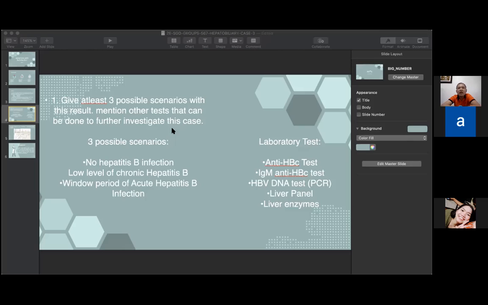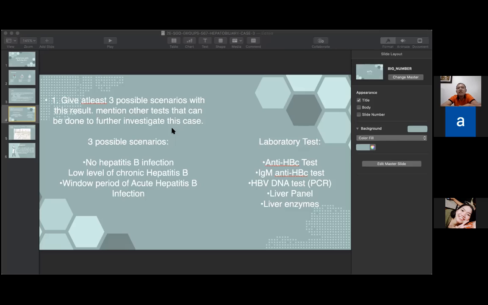So what you get is the IgM, the antibody to the core antigen, because when that is positive, that means there is acute infection. There are also situations when the antibodies are deficient, such as in HIV infection, or cases when there is Hep B infection but you still don't have the antigen present.